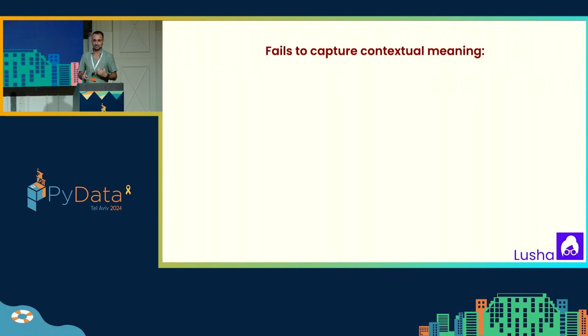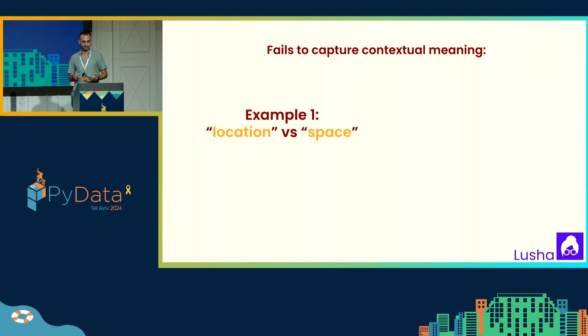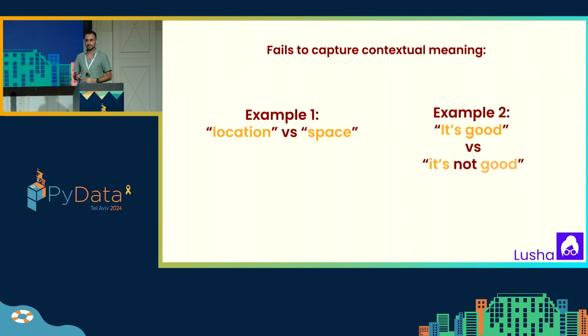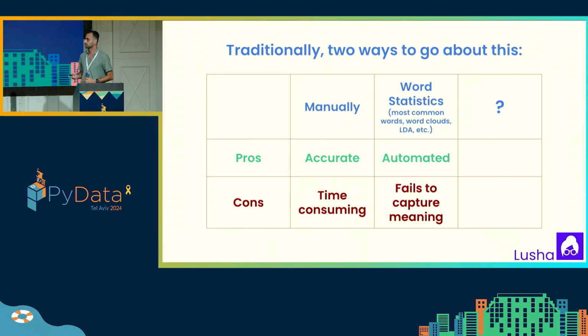I'll give two examples of what I mean. Example one is that the words location and space can mean the same thing or very different things depending on the context. And another example is that "it's good" and "it's not good" share most of the words, but they mean completely opposite things. So, can we have the best of both worlds?